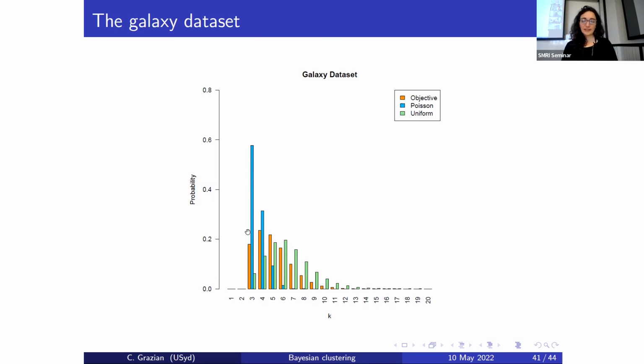So for example, in this case, you have a full distribution of the number of clusters. It means that a posteriori, you will have different partitions with different numbers of clusters. And so the allocation has two forms of uncertainty.